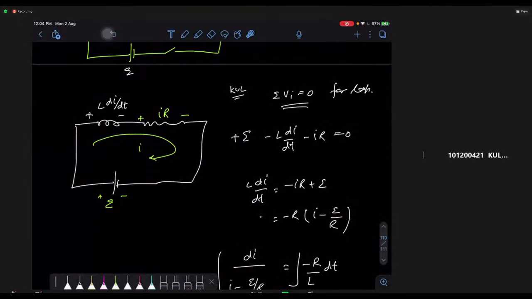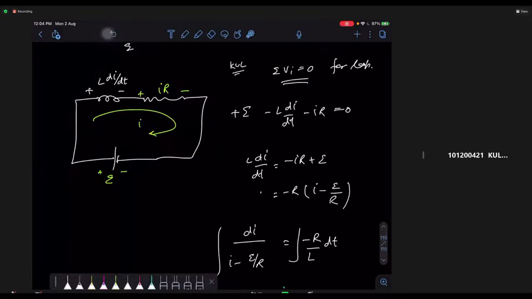In the circuit, you can take the help of the minus sign to get the relation between the potential polarity and the di by dt polarity. If di by dt is positive, then potential is negative.